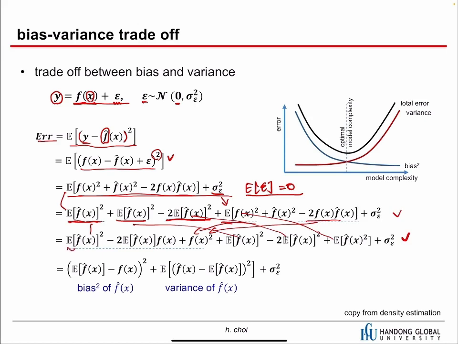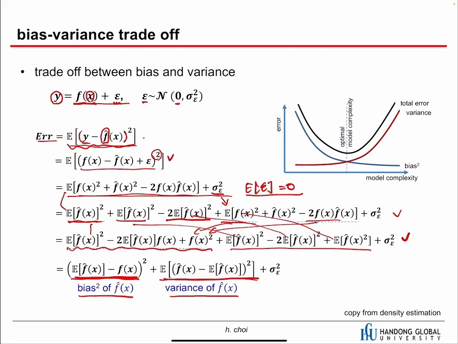And then if we look at this one, then we can get this quadratic equation. So this is our error, and we can decompose this error into bias of f hat and variance of f hat. Look at this one. This one is the definition of a bias. Okay, and this one is the bias squared.